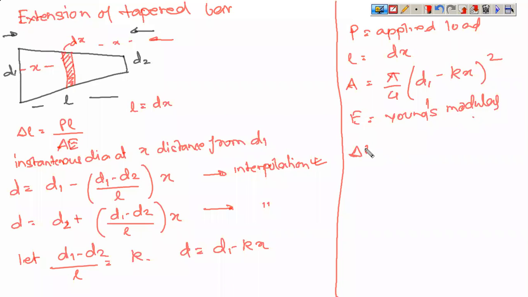So delta L is equal to P dx divided by pi by 4 d1 minus kx whole square into E.